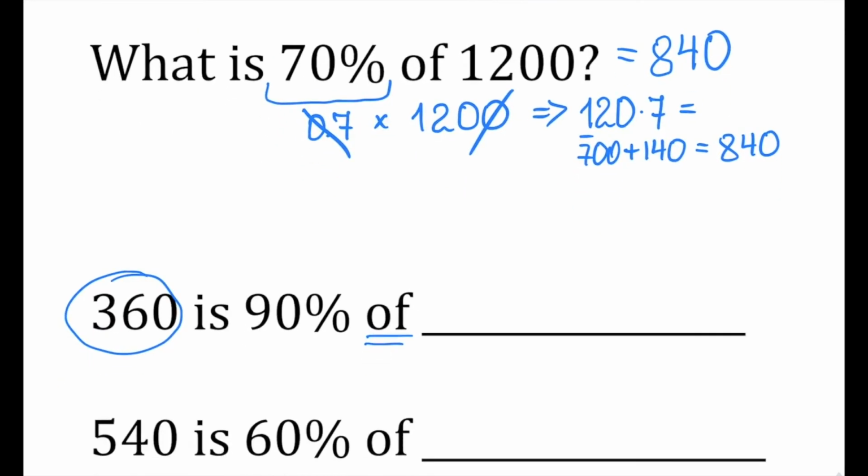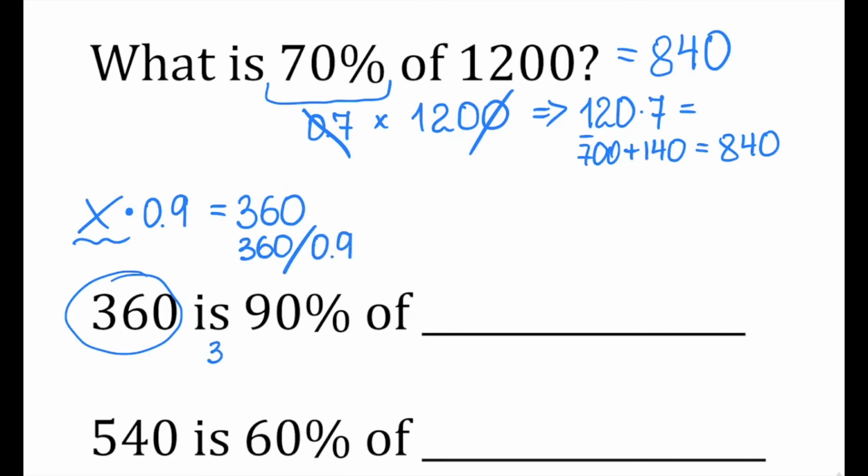So I took a certain number x, multiplied it by 0.9, because that's what 90% is, and I ended up with 360. So then how would I find my number x? To find x, I would take 360 and I would divide it by 0.9.